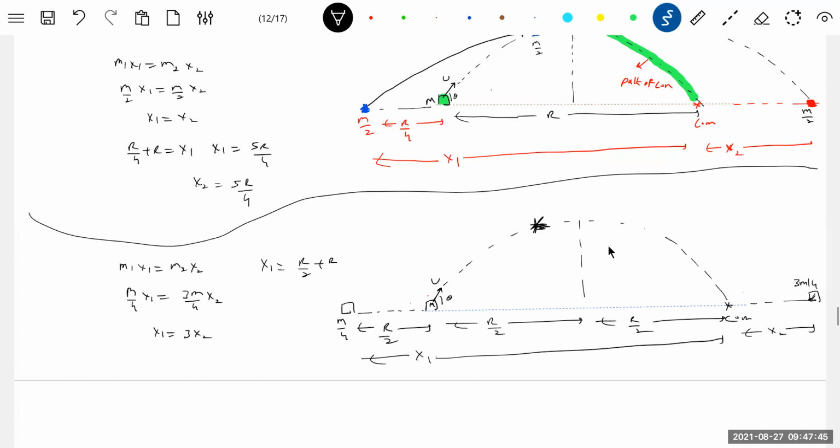R by 2 plus r by 2, or let it be r, 3r by 2. x2 must be r by 2, sorry.